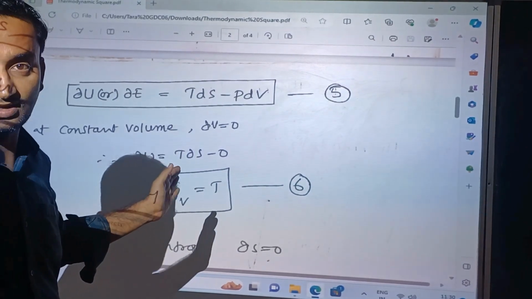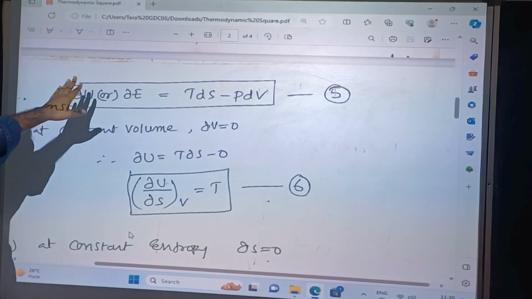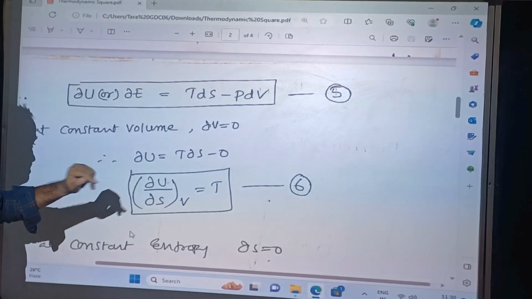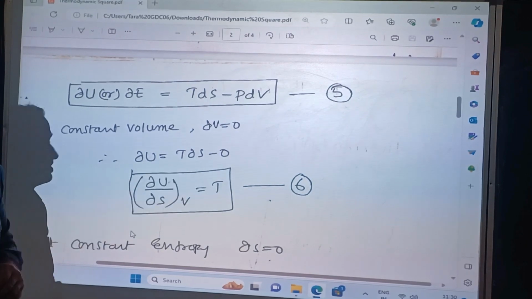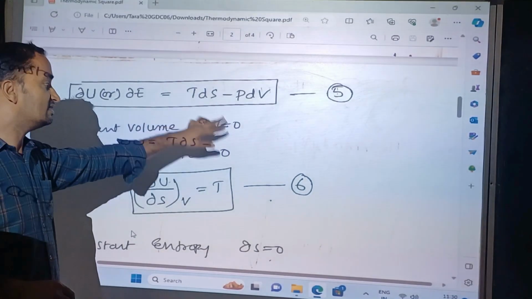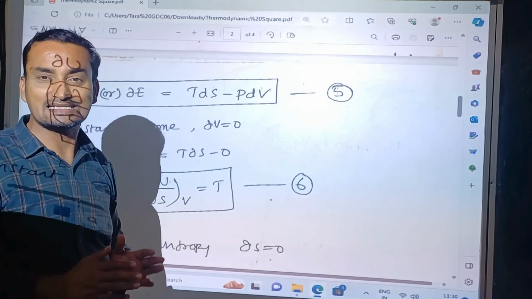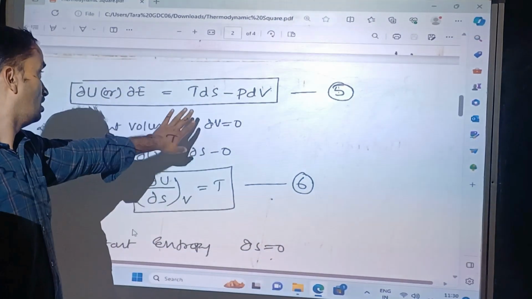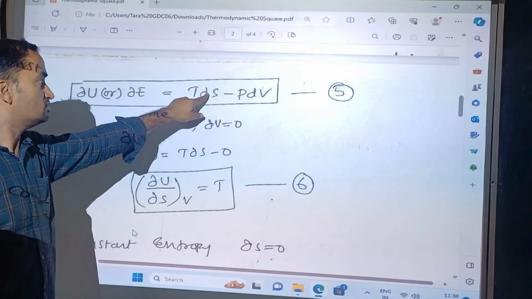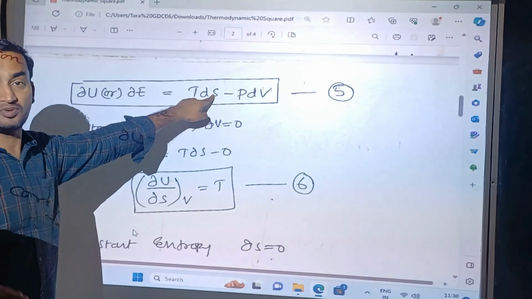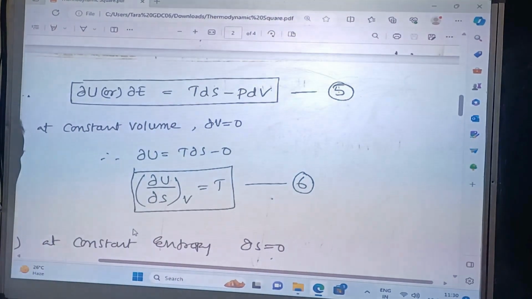Are you following or not? Yeah. Okay. Now we got ∂U by ∂S at constant volume is T. So this is relation 6. Now we will get one more relation from this equation. How? Suppose entropy is kept constant, that is ∂S is constant.